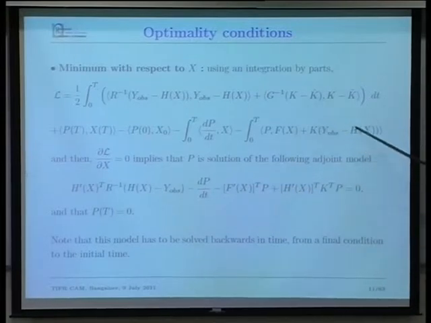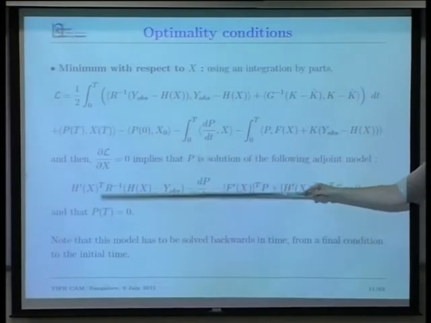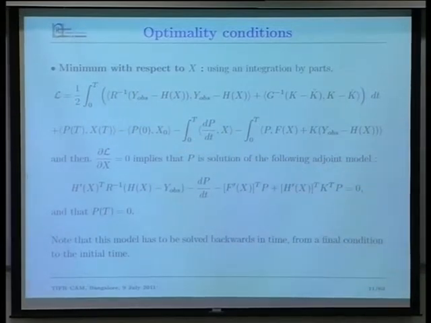And here you also have the transpose of the derivative of h times the transpose of K times p. So here is the adjoint model. And with this term, you also need that p of T is equal to 0. So this is the adjoint model that has to be solved backwards in time from the final condition. The only difference with the standard adjoint of 4D-Var is this term here. There is an additional term, which is also linear in p.